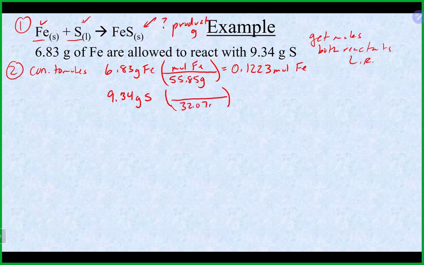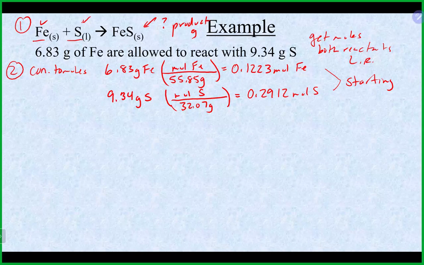And we're going to put the grams on the bottom there, moles of sulfur up on top so that the grams cancel. 9.34 divided by 32.07 is going to get us 0.291, we'll call it 2 moles of sulfur. So once again, you can think of these as your starting amount of each of the reactants in this case. All we simply did is convert it to some other unit.